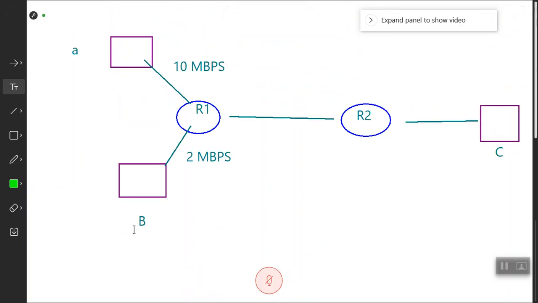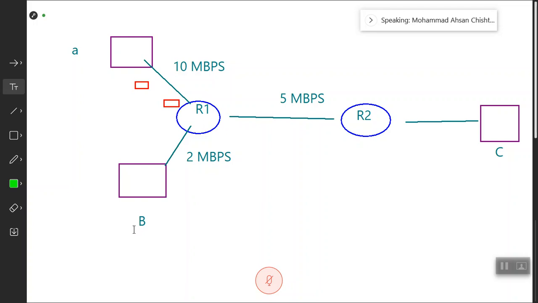Now, when A starts to transmit, okay, these are the packets denoted by red color. These are the packets which A starts to transmit.